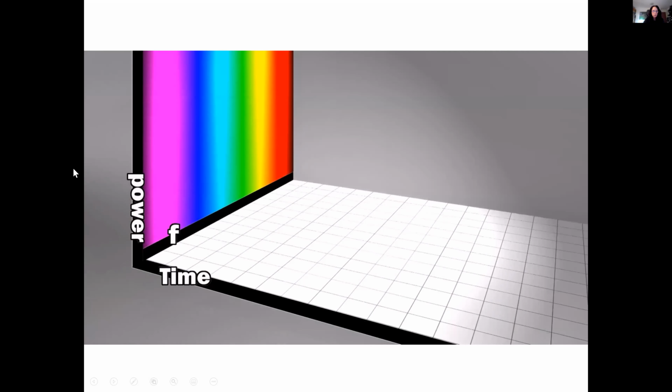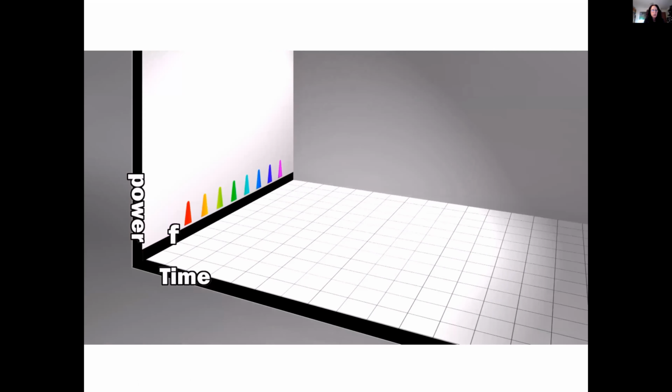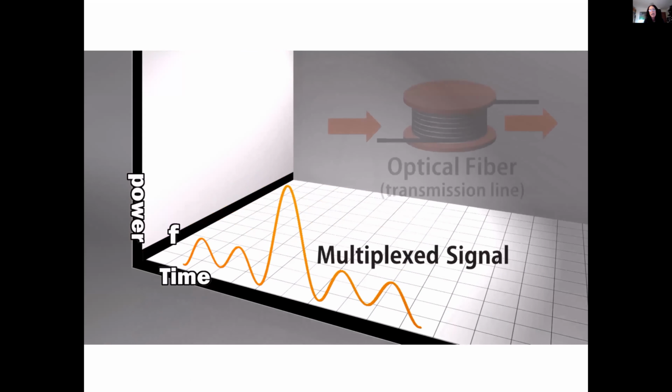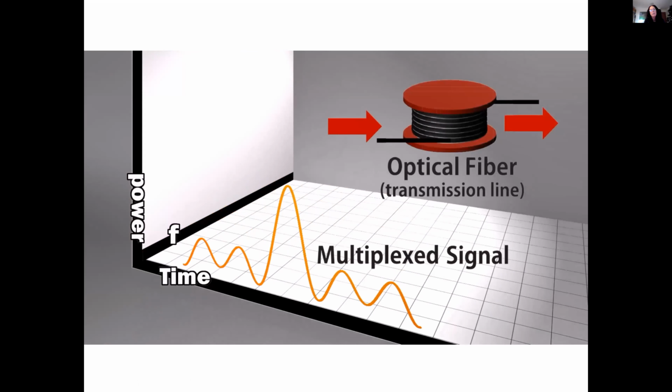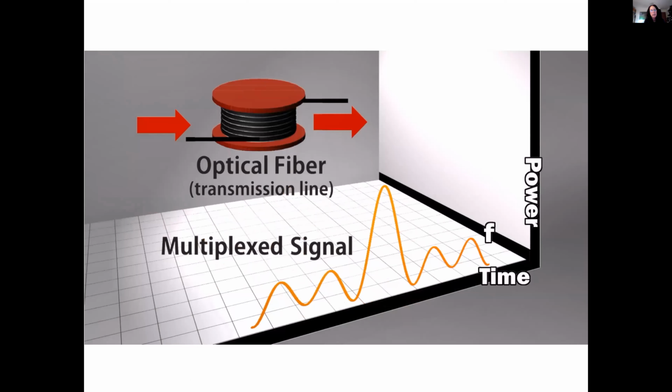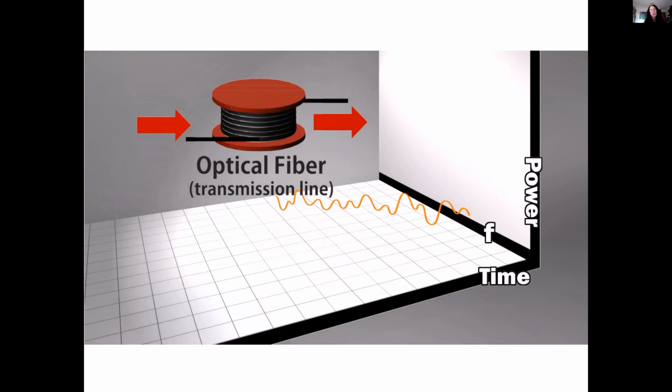I hope so. If you don't see, if you transmit all the channels like OFDM, you have a very high peak to average power ratio, and transmitting this signal into an optical fiber, you suffer from nonlinear effects.